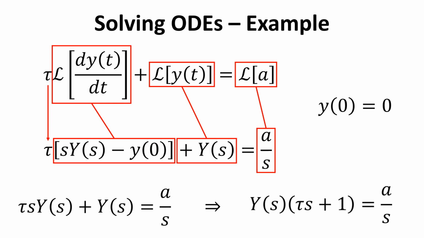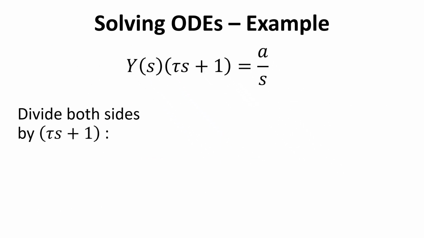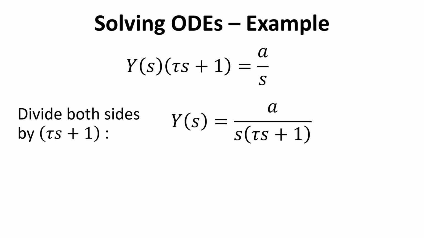And then we can divide both sides by tau s plus 1, and that gives us Y of s equals a divided by s brackets tau s plus 1, and we've now got a function in terms of Y of s. So that's a really crucial step, is to rearrange and get Y of s.